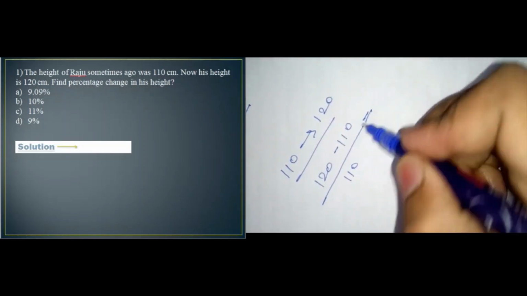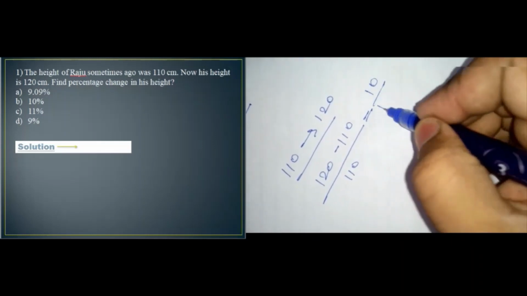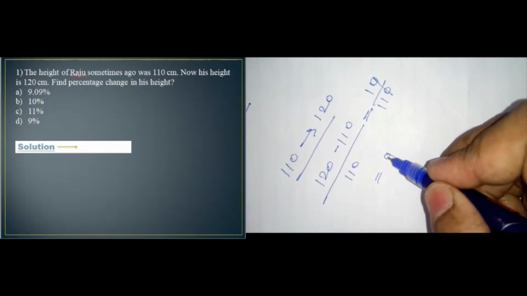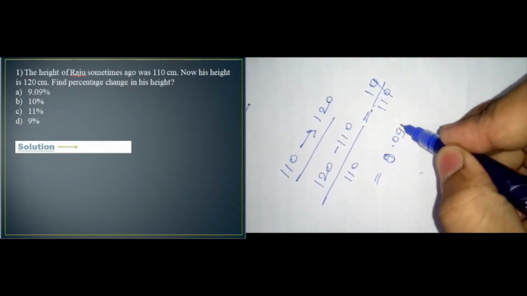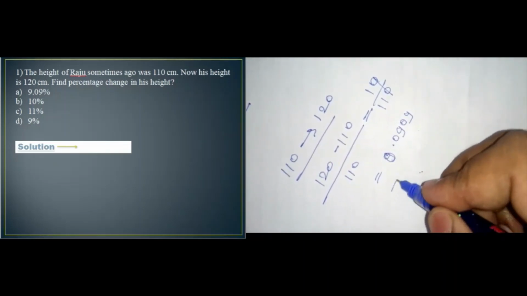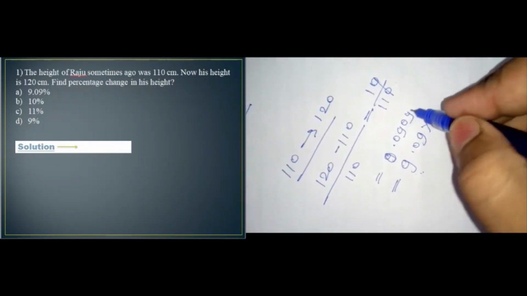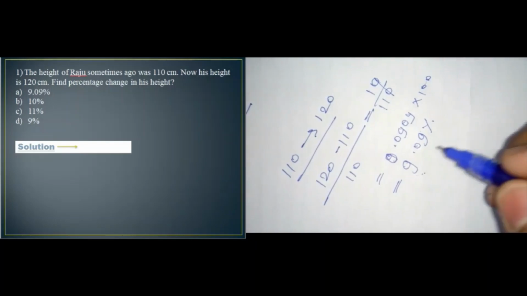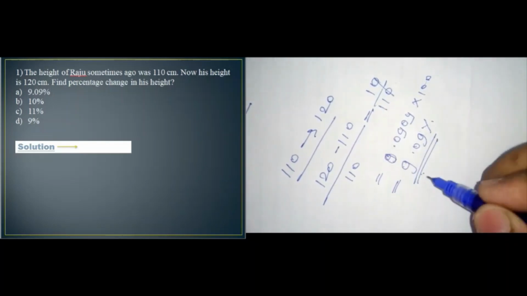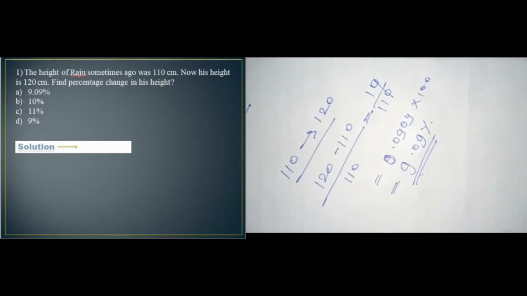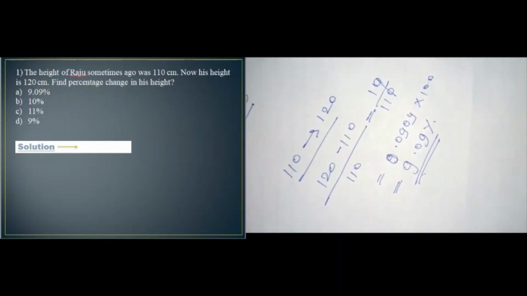So the percentage change is going to be 10 by 110, which is 0.0909. Multiplying by 100 gives the percentage, 9.09 percent. So the correct option is option A, and the answer is 9.09%.